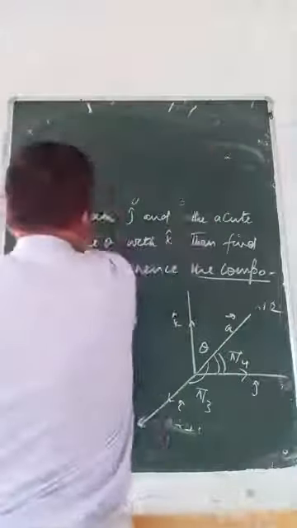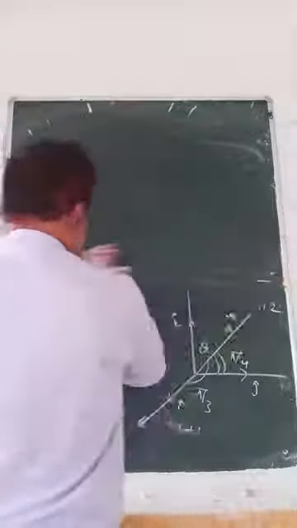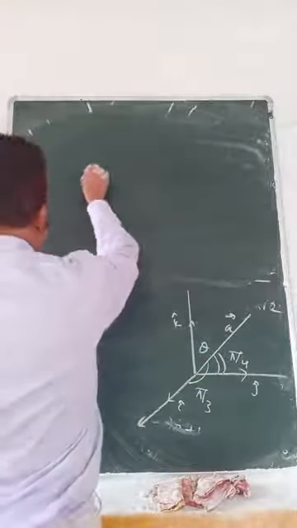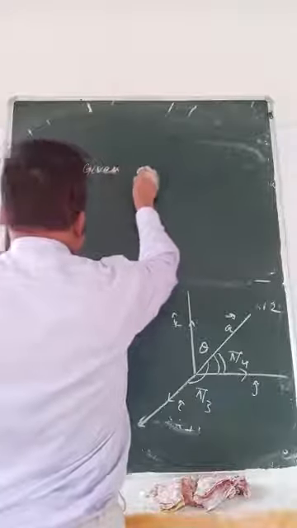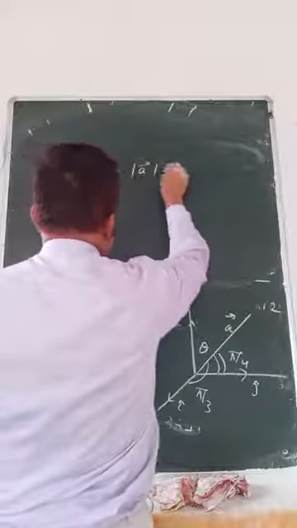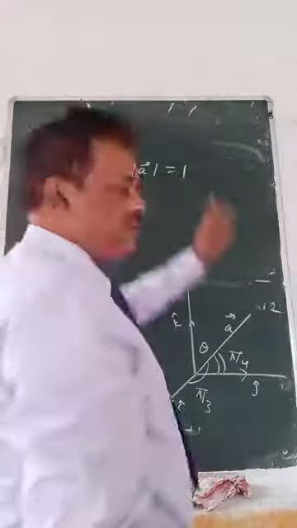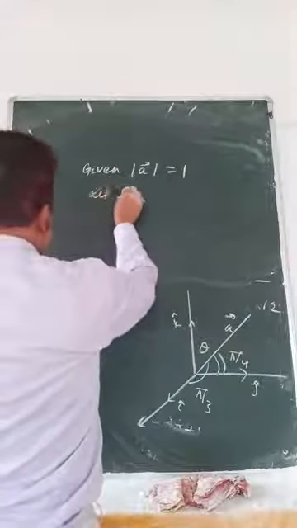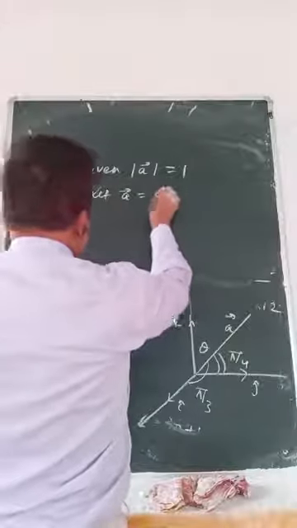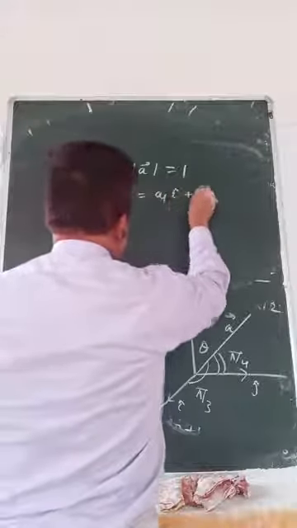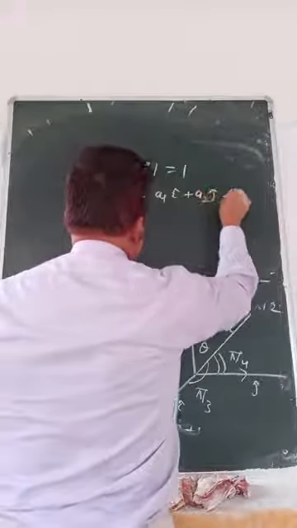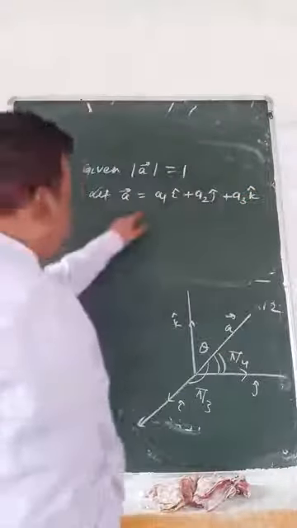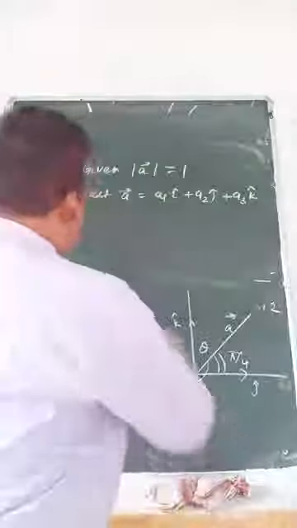Look here. Suppose A is given as a unit vector. Unit vector means modulus is 1. So let the vector A equal A1 I plus A2 J plus A3 K. Got my point? Then what will be modulus of A?